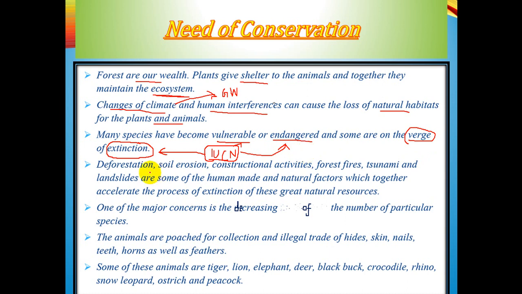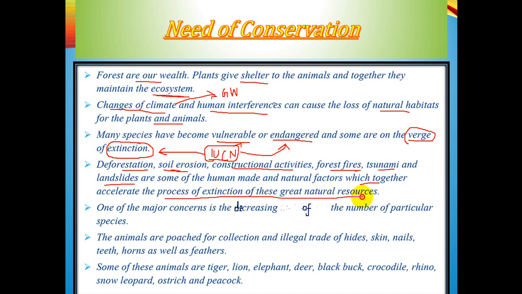Now, the next reason why we should conserve it: deforestation on a large scale, which results in soil erosion. Basically it is due to construction activities, normal forest fires, natural calamities like tsunami and landslides, and some of the human-made and natural factors which together accelerate the process of extinction of these natural resources.